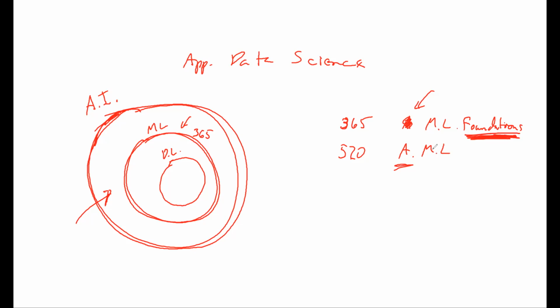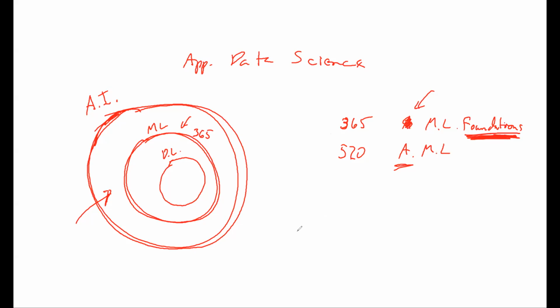At the end of the day, in machine learning, there's a single pipeline. I usually call it a pipeline, so it's a sequence of steps that you follow from the beginning of the problem to the end of the problem. All classes, 365, 520, 265, 530, will have the same pipeline.